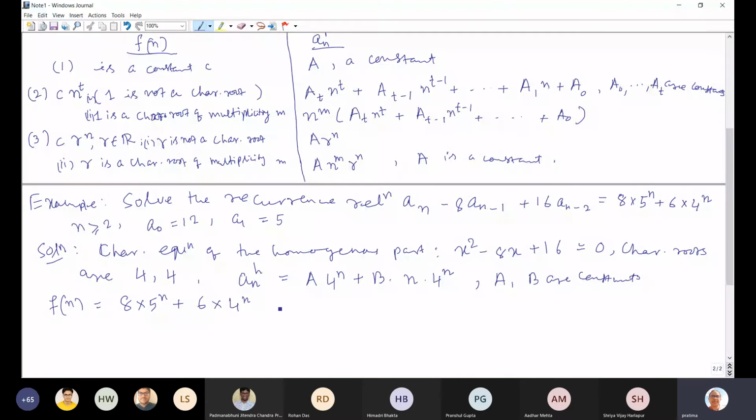In which form is this function F_n? Okay, this first term, 5, is not a characteristic root, whereas the second term, 4, is a characteristic root.